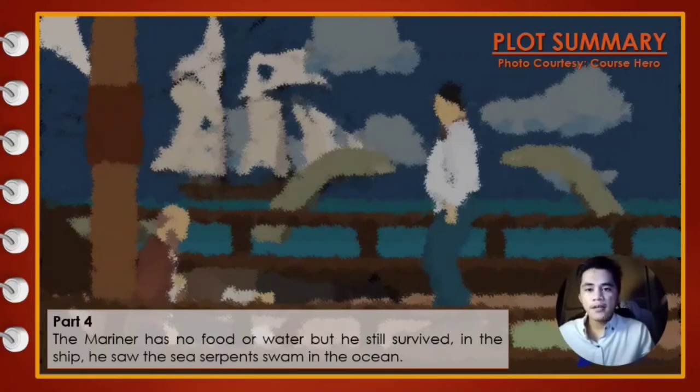Because of that, he was able to pray, but still he was not absolved of his sin. The moment that he killed the bird, he sinned against both nature and God. Even if he already prayed, he was still not absolved. In fact, this led him to have a penance, and later on we will know what his penance is.